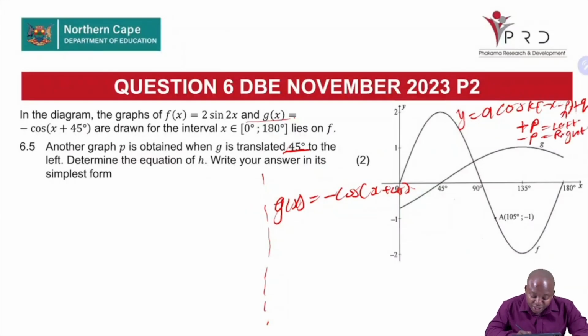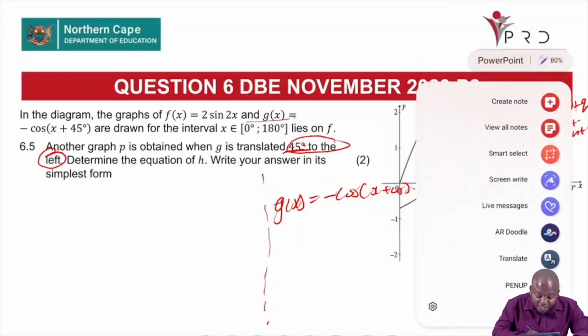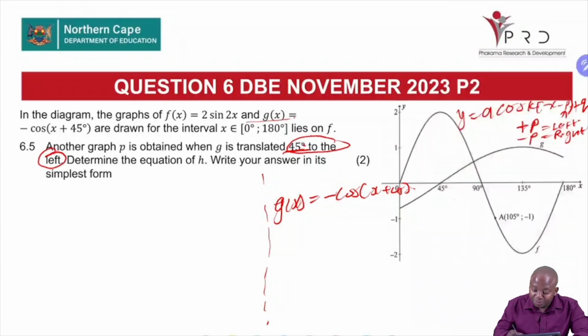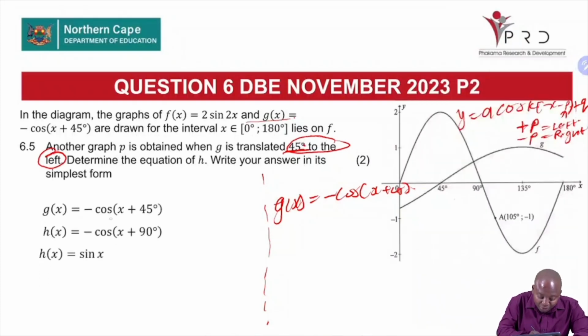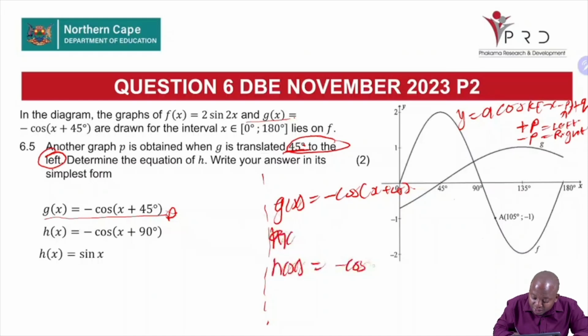Now let's come back to this. So it's translated to the left. When it's translated to the left, it means plus 45. So in this case, from our equation, we will now say g of x is negative cos of x plus 45. Then from that g of x, h of x is actually equal to negative cos of x plus 45 plus another 45, because to the left means plus 45.